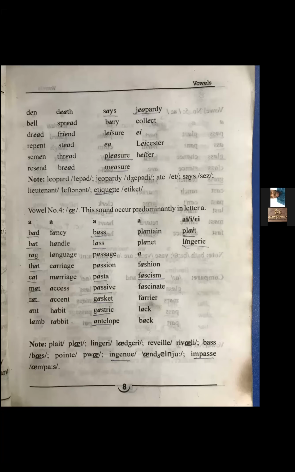Please don't mispronounce jeopardy. And then we have it in collect. You see the way I pronounce the word collect: the stress is on let. Collect. And then we have it in Leicester. Yeah, we have it in that. And then we have it in effort.